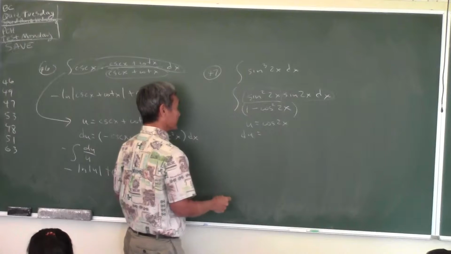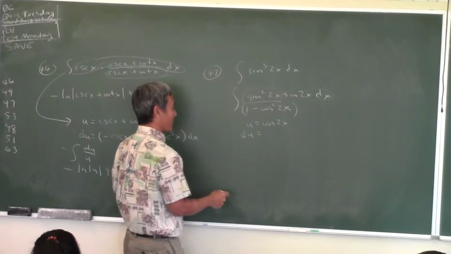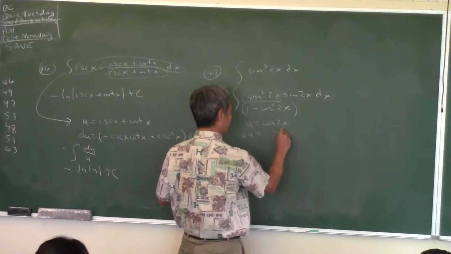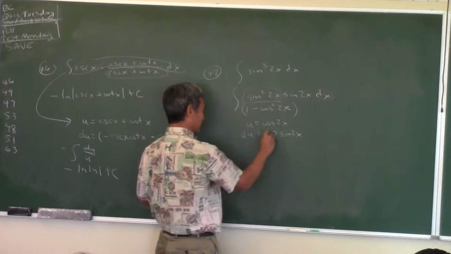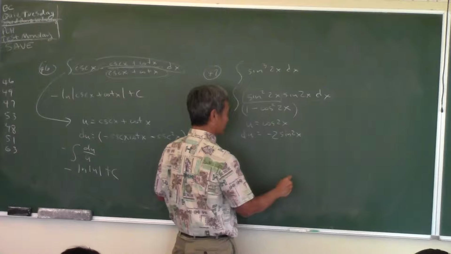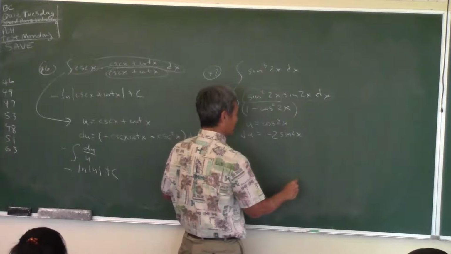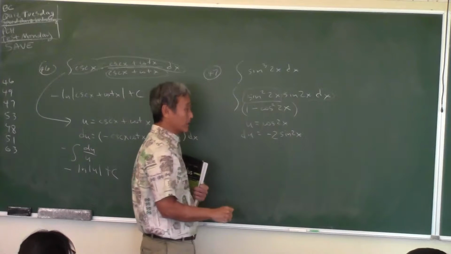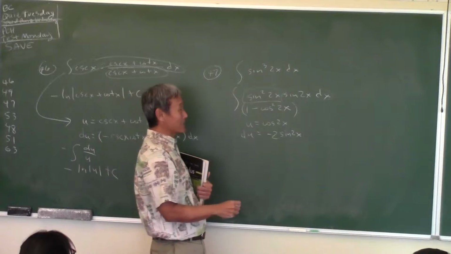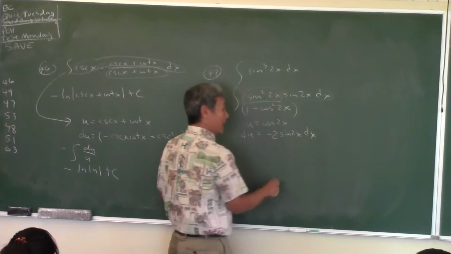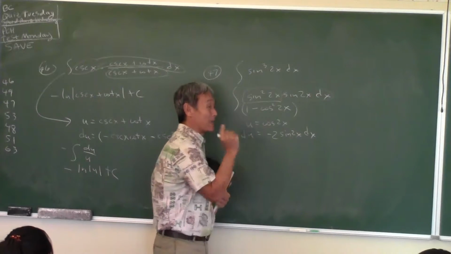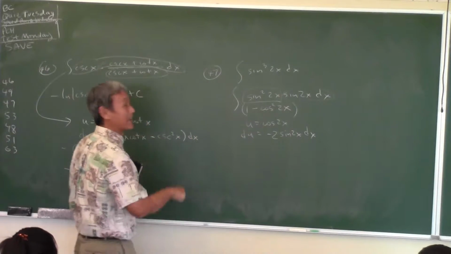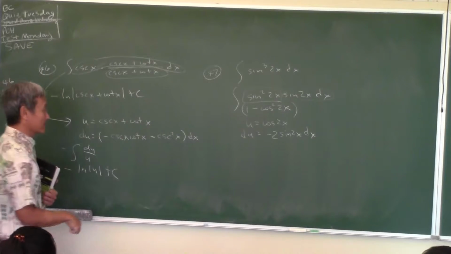Minus 2 sine 2x dx. Again, I'm going to repeat: if you use an equal sign, they better be equal, and they're not equal if you don't put the dx.